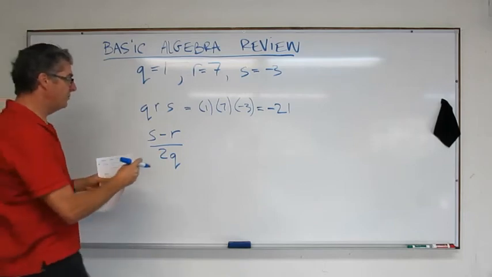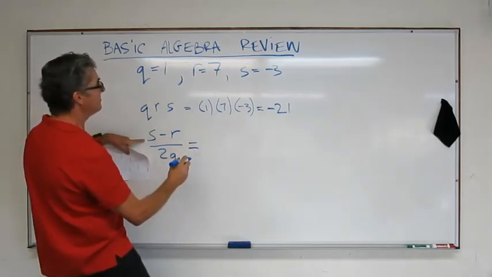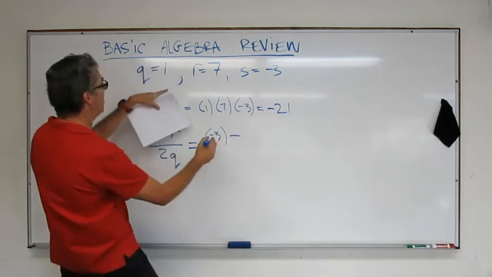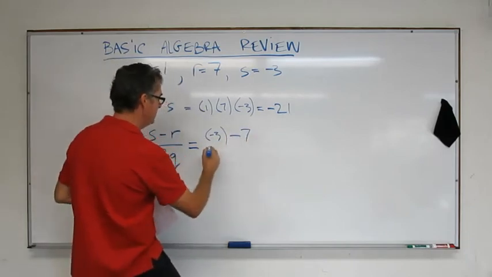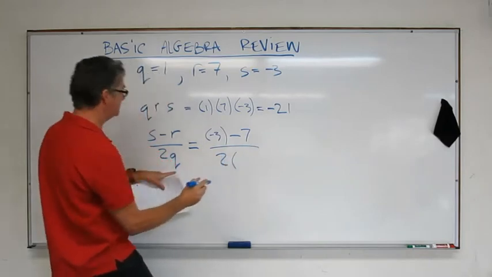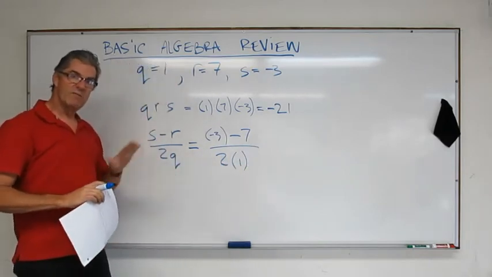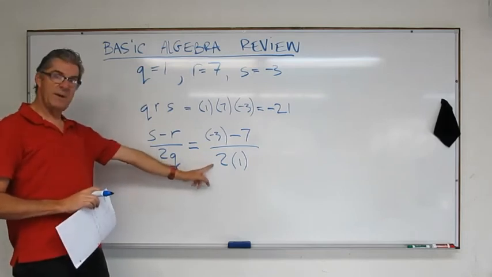Okay, first is your plug-in step. So what's my S? Minus 3, minus R, which is 7, over 2 times my Q, which is 1. I strongly recommend you do the plug-in step alone.